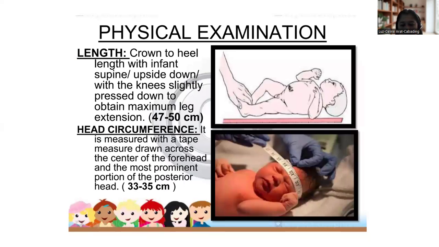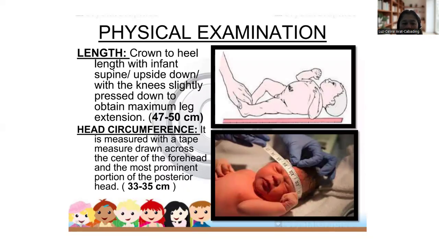As I said, our assessment will start with physical and then it will progress later to neurological. So we're just focusing now, part 1, on the physical exam. Again, the very first thing to observe is height and weight.